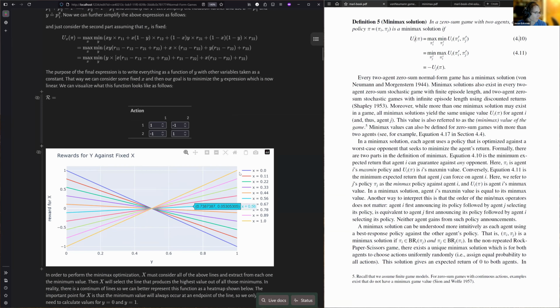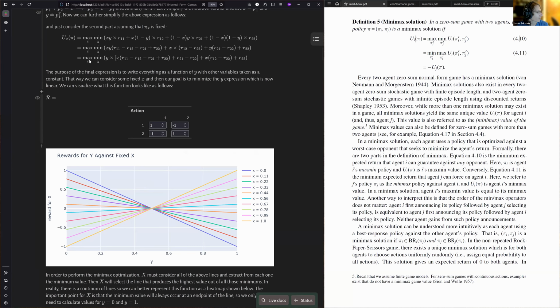For these lines that slope upward, it's going to be y equals 0. But for these lines that slope downward, the minimum occurs at y equals 1. But that's it. We don't have to worry about any of the interior points.